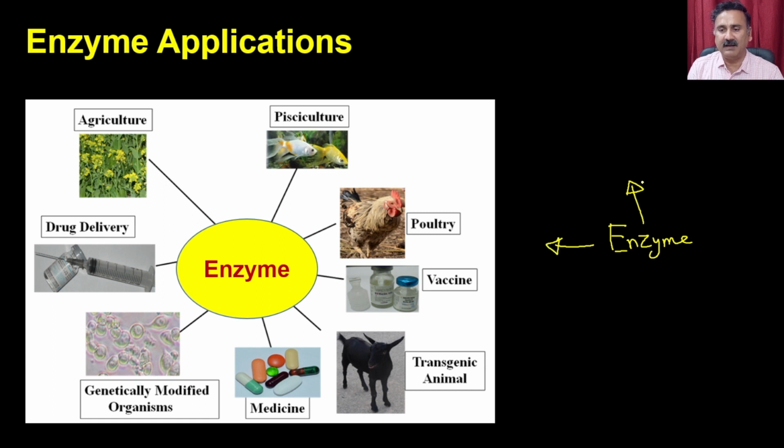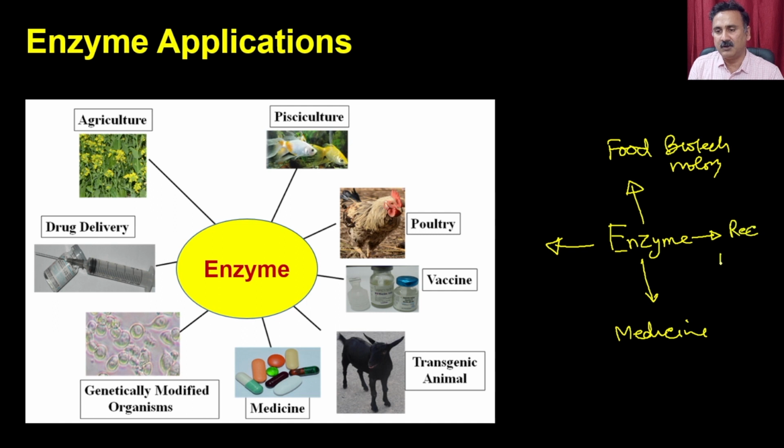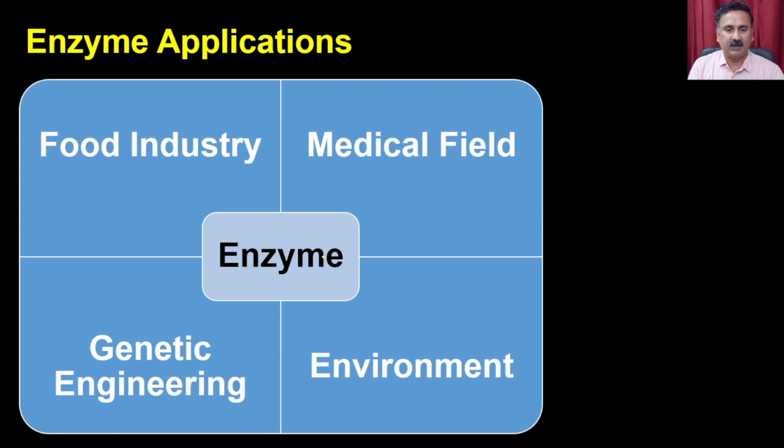So we have the application of enzyme in food biotechnology, application of enzyme in medicine, application of enzyme in recombinant DNA technology, and then we are also going to discuss the application of enzyme in other areas such as disease biology. So these are the things we are going to discuss, right?